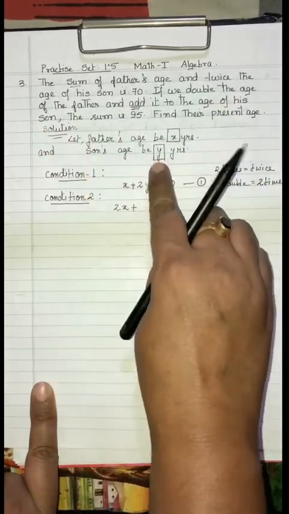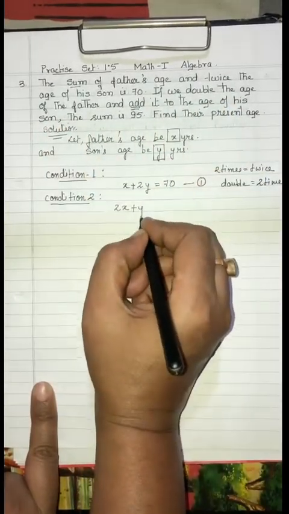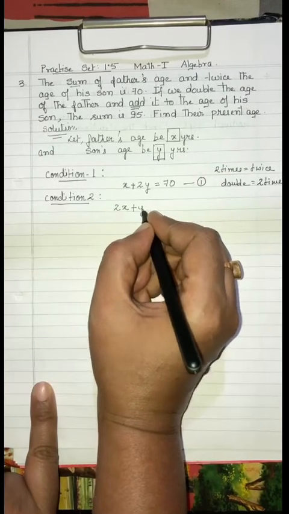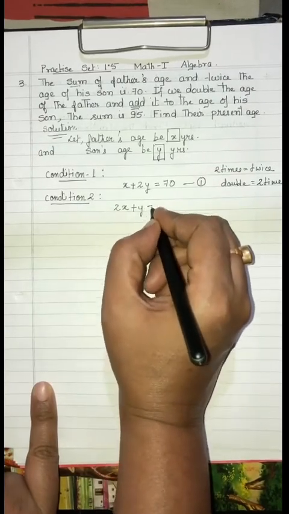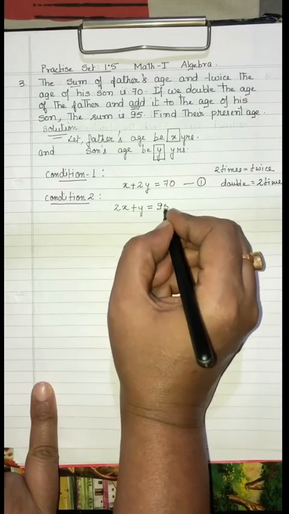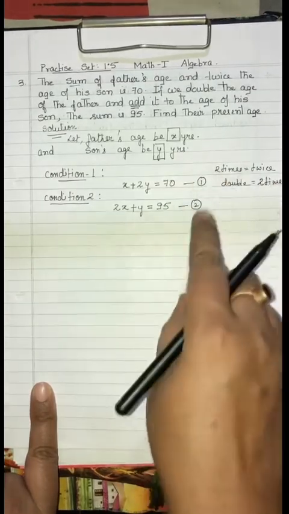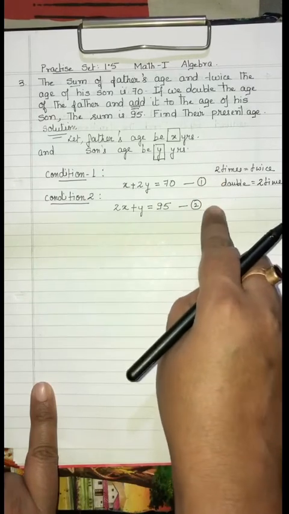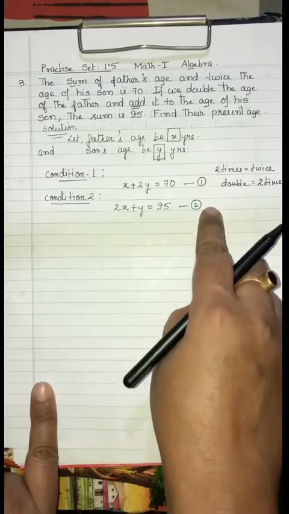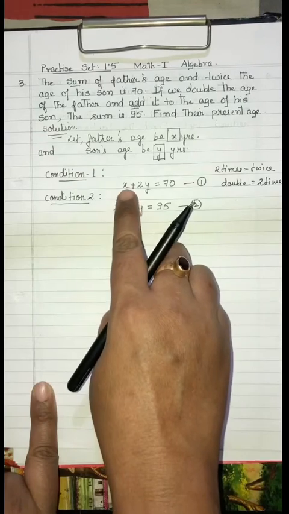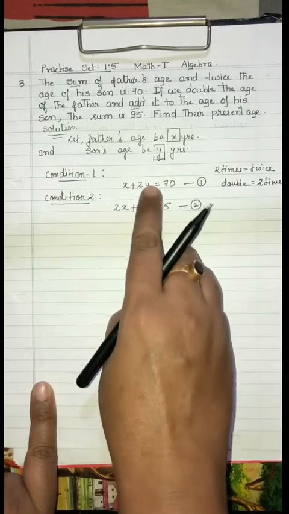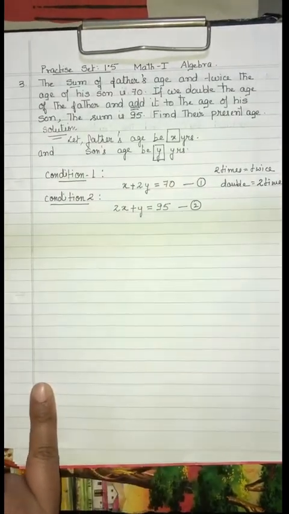What is the age of the son? It is y. Add it to the age of the son, then the sum is 95. This is the second equation. Now you got 2 equations, children. You can solve these 2 equations and get the values of x and y. So let us see how it is to be done.